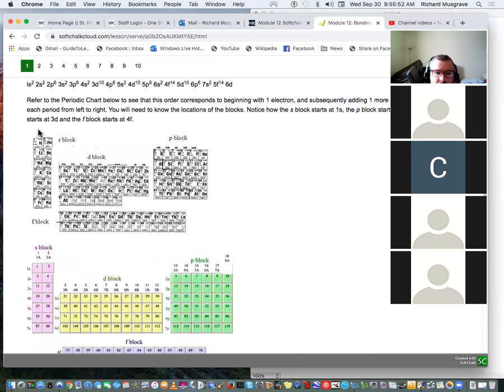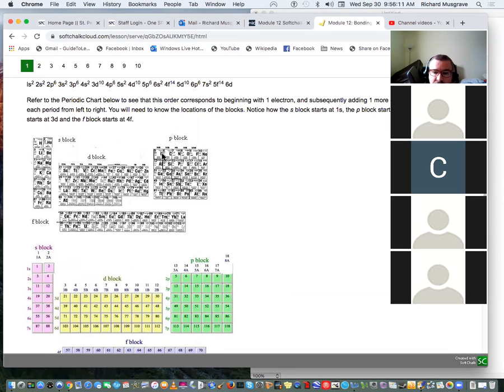You can see here that's 1, that's 2 on the hydrogen helium groups. And then we've got 3 over here, 4, 5, 6, 7, 8. Those are the numbers that I'm talking about on top of each of the columns.